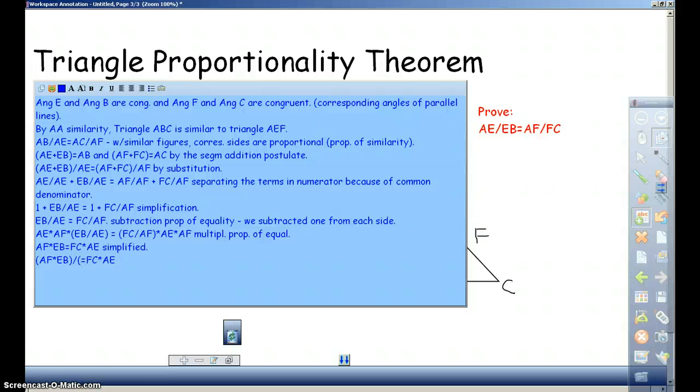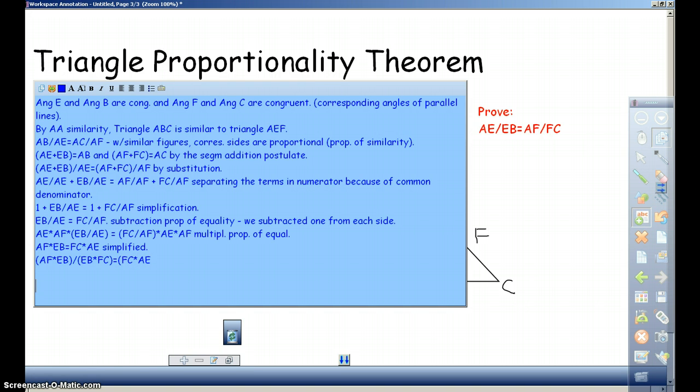We're trying to move EB into the denominator and FC. So I'm going to divide both sides by the same thing.